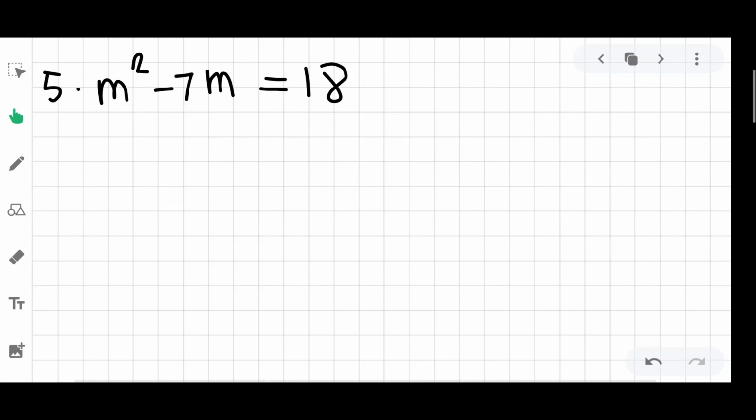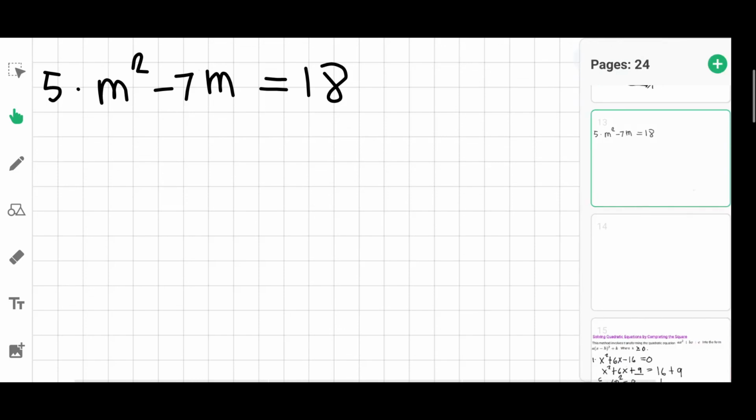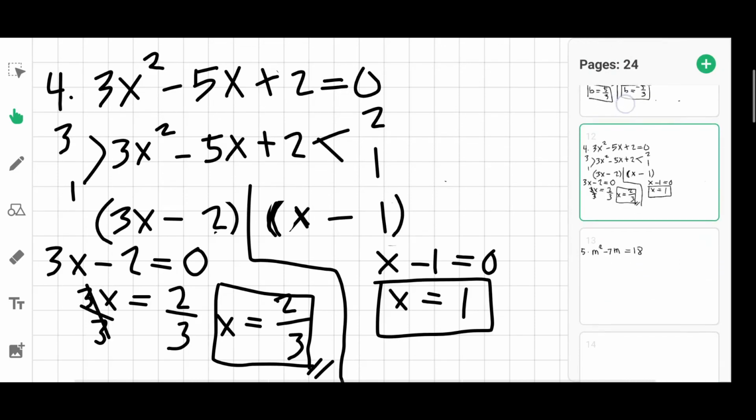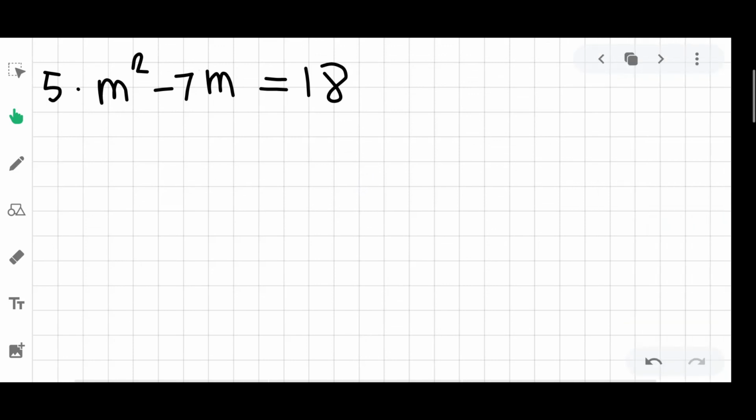Gagamit tayo ng factoring trinomial. Parehas lang din dito sa fourth example and first example. But the problem is, mali yung format niya. Kailangan naka-standard form. So, ililipat natin sa 18 sa kabila bago tayo magfa-factor.